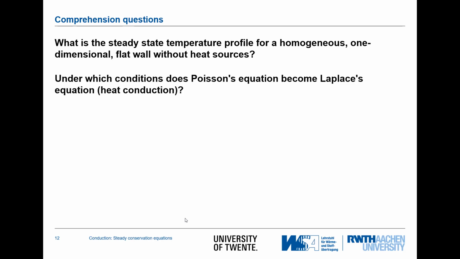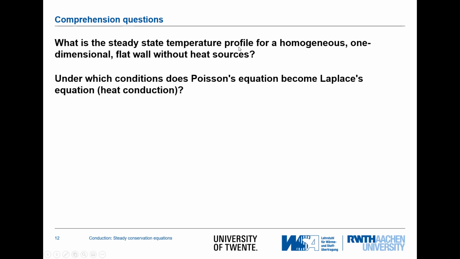We have seen that the equation that describes this problem is the second derivative of the temperature times the thermal conductivity times the area is equal to 0. Because it's a flat wall, the area is constant. Because it's homogeneous, the thermal conductivity is constant. We could easily skip those values, and then we see that the second derivative of the temperature is 0.